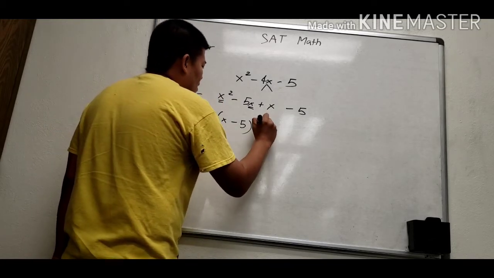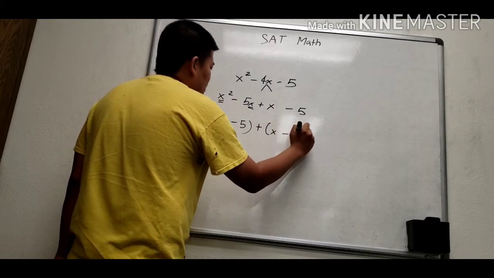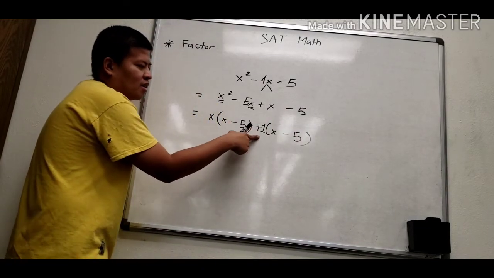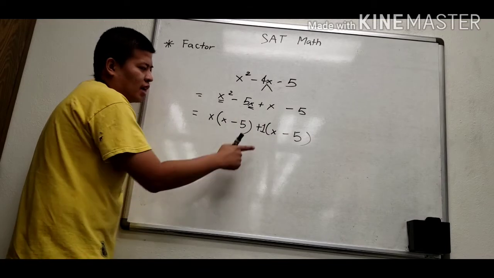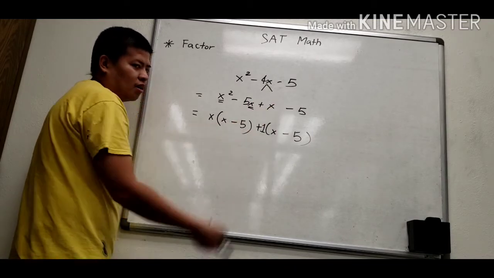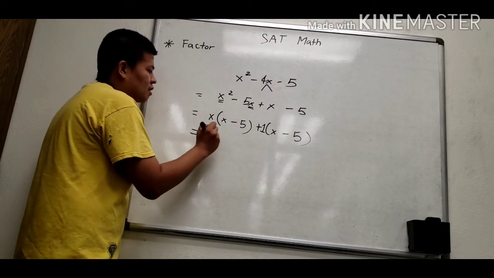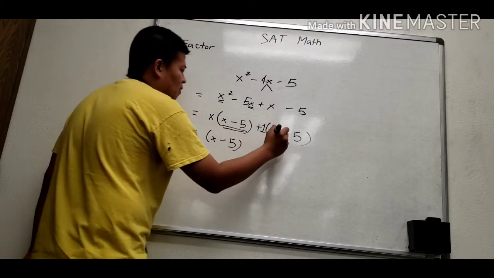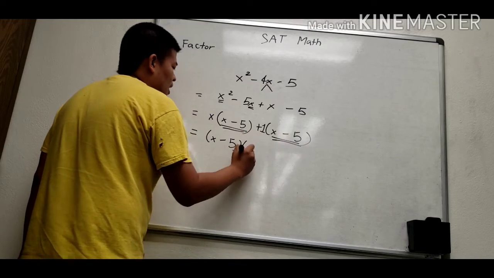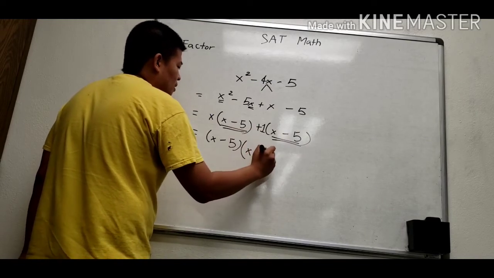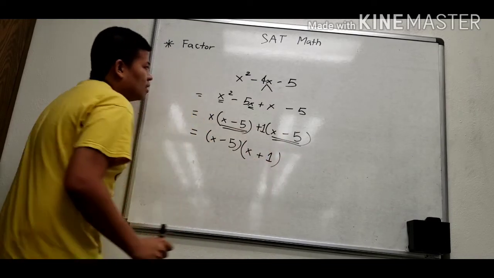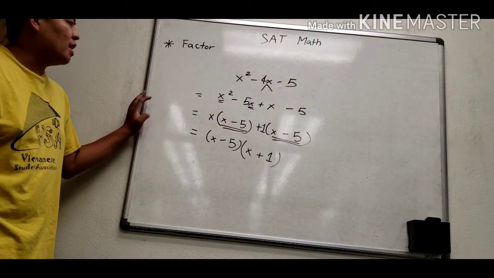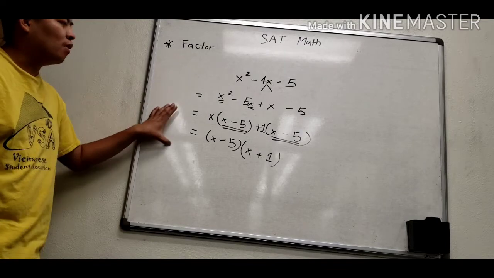Next we have the s minus 5, but the outside should be number 1 because 1 multiplied with this s minus 5 is still s minus 5 on the top. And we have s minus 5 because we have the same s minus 5 here. And we have s plus number 1. This is the factor. I use the example to illustrate how to do the factor for you.